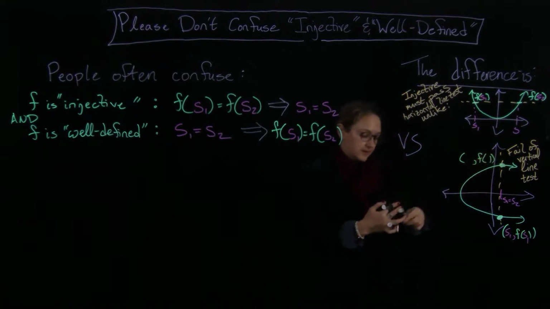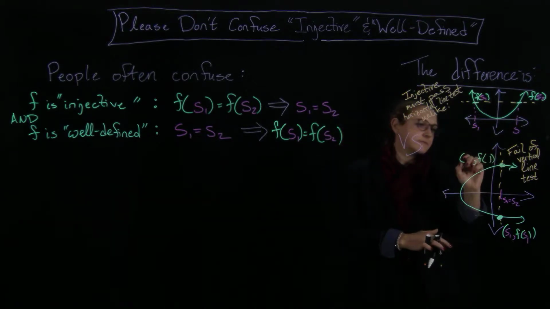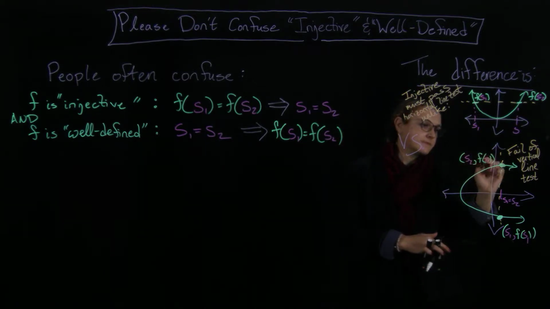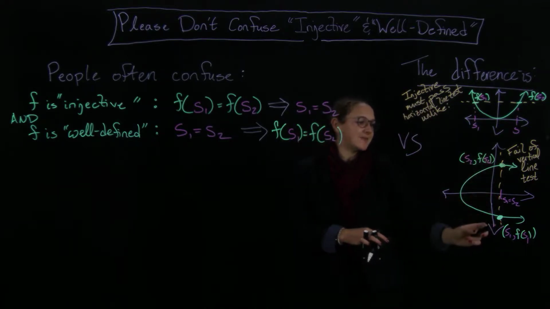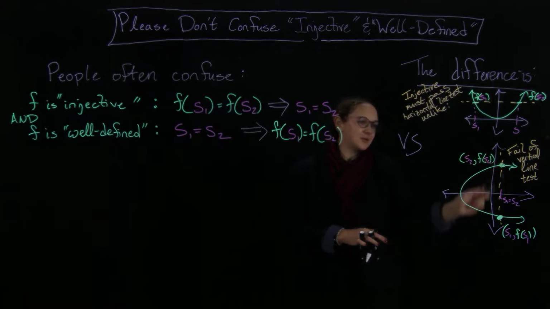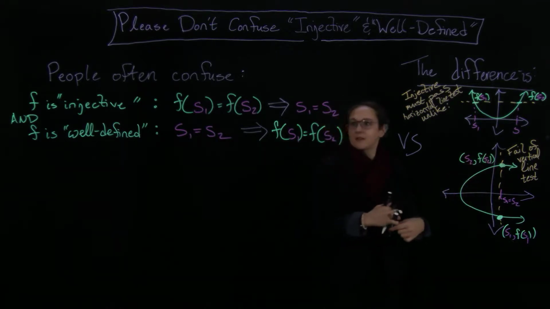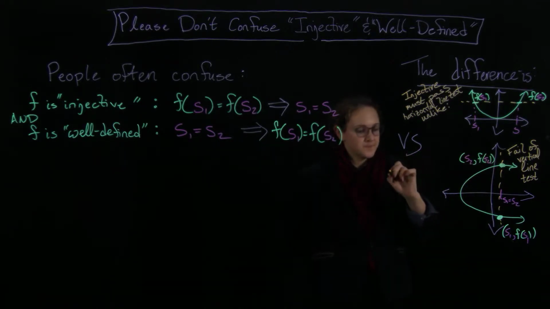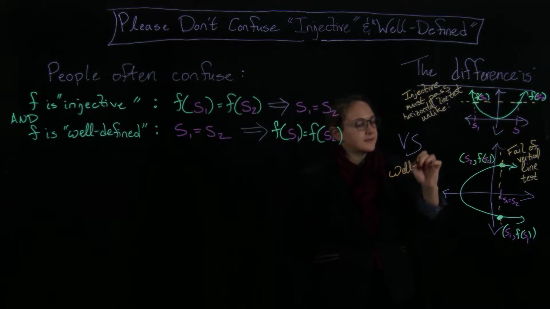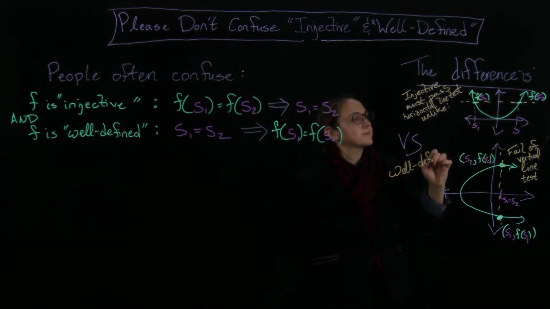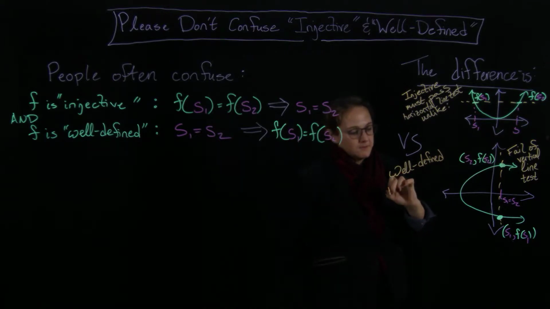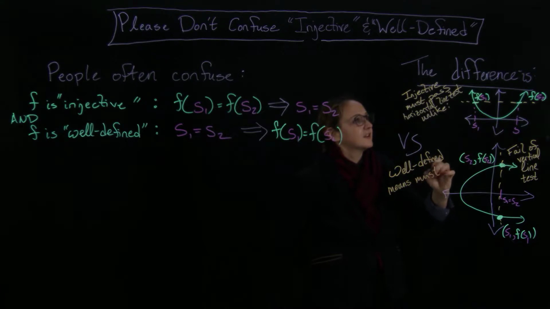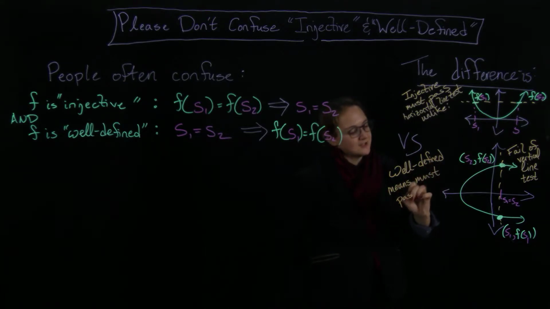But really these were just two different descriptions for the same thing, and so you shouldn't be getting two different points. So well defined means you must pass the vertical line test.